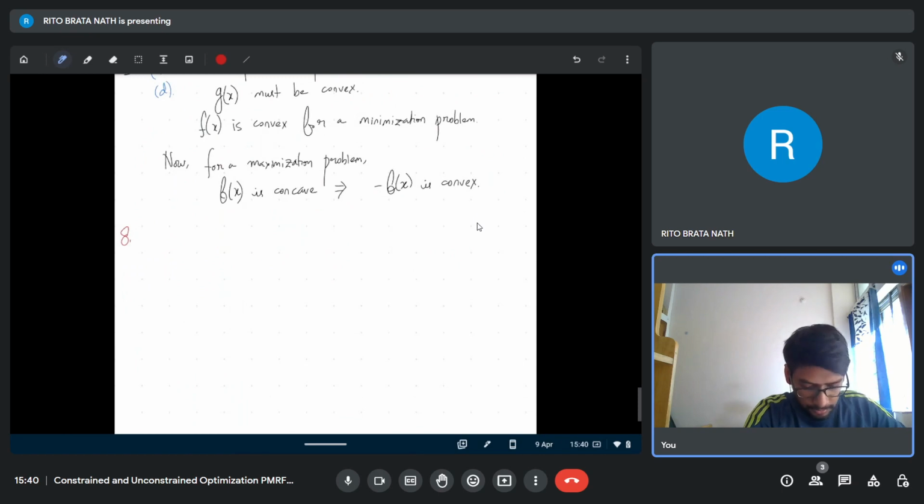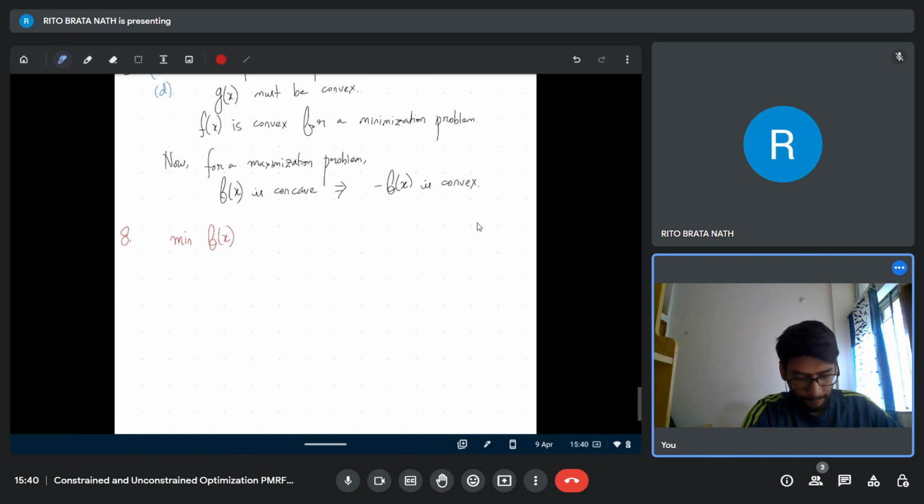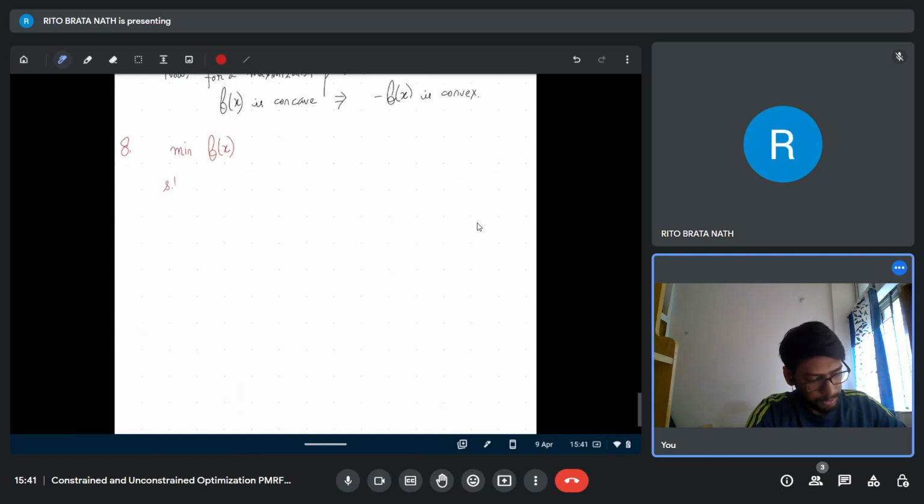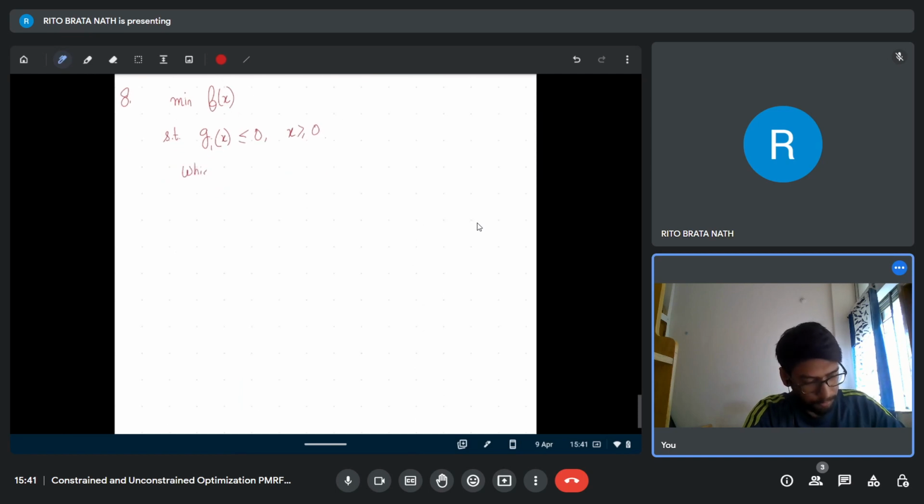Okay, so it is minimization of f(x), subject to g_i(x) less than or equal to 0, and you have x greater than or equal to 0. So which of the following is or are true?